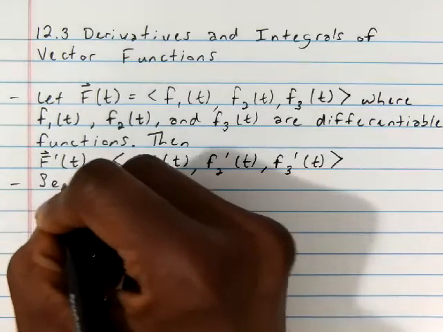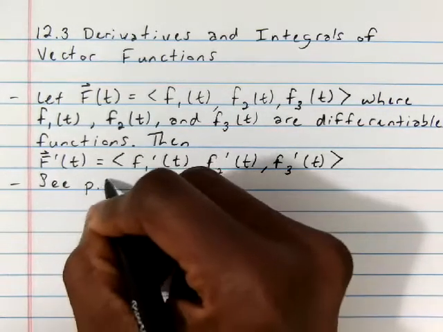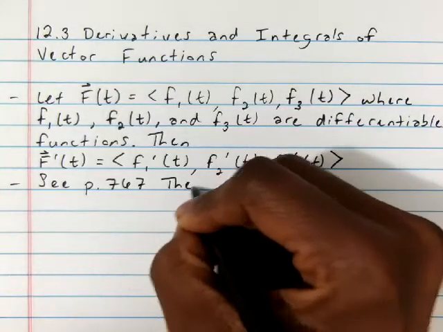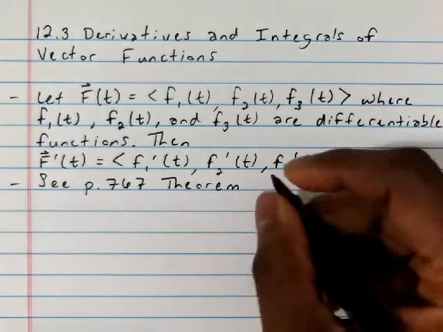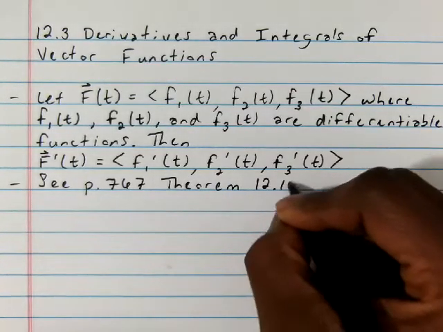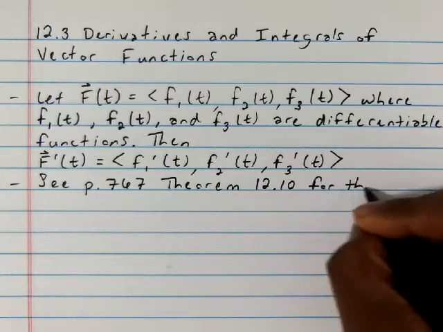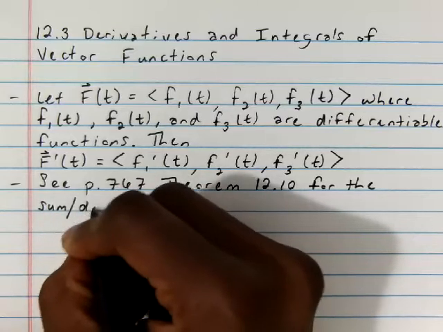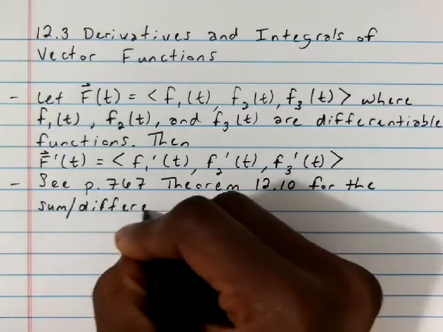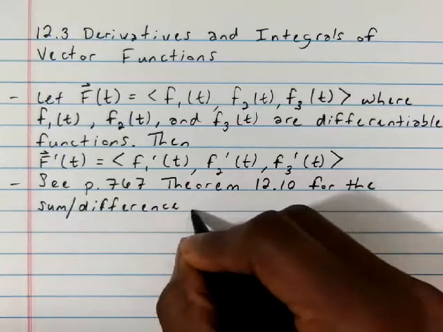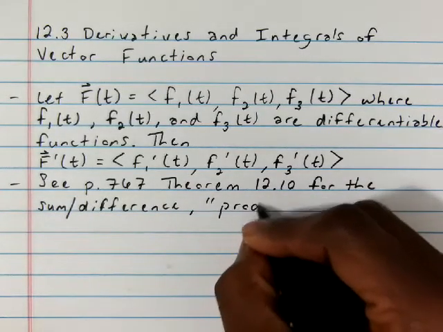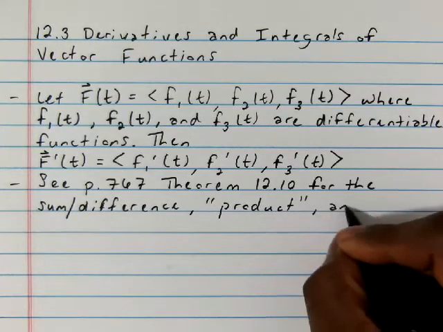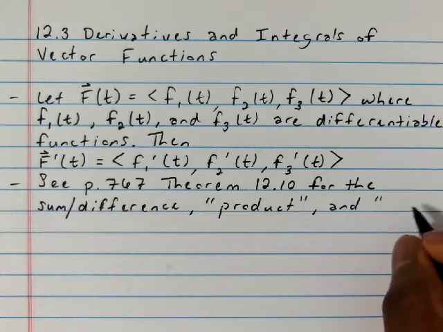So you can see page 767, theorem 12.10 for the sum/difference, quote unquote product and quote unquote chain rules.